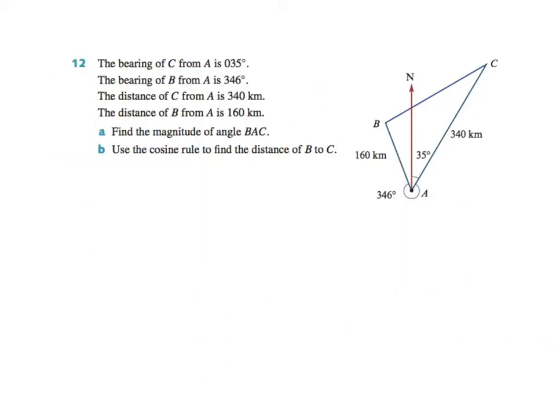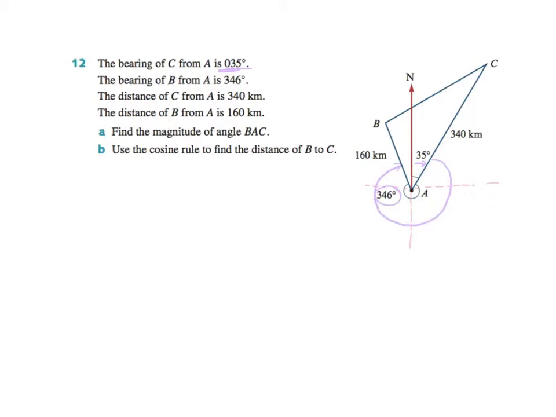Okay, with this question, although they've given me the north line, I'm going to draw my compass in fully to work out. So I can see that the bearing of C from A is 35, so they told me that. Now the bearing of B from A is 346. So they're saying all the way around there is that 346.